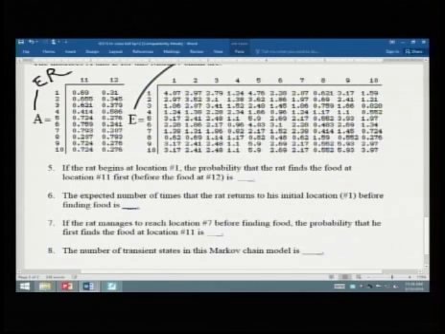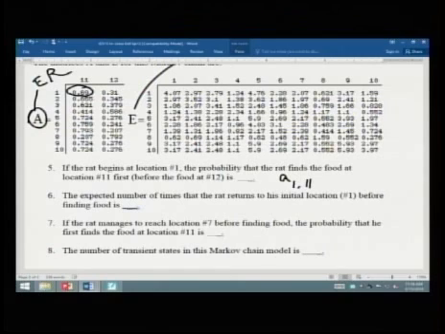We need to look at the absorption probability, which is the A matrix. So we need to look at A, starting from location 1, ending up at location number 11, which is this, 69%. Simple.